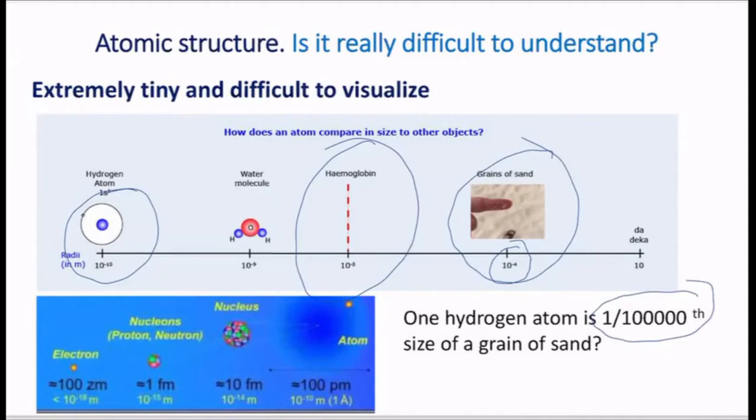Now you know why students feel that physics is easy to learn compared to chemistry in the initial days of your +1 classes. Mainly 2 reasons: because we haven't seen the atoms, the subatomic particles, the nucleus, etc. Second, the sizes of the atoms. They are very, very small. It's difficult for us to visualize.